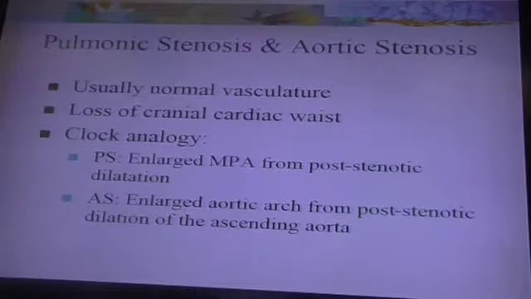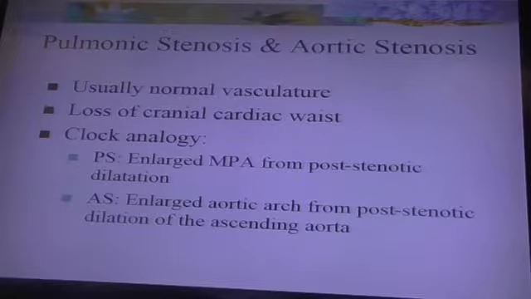Okay, let's do pulmonic stenosis and aortic stenosis. So when we talk about vasculature, conditions are going to cause normal, no change in vascular size, a change in the arterial size, or a change in the venous size.